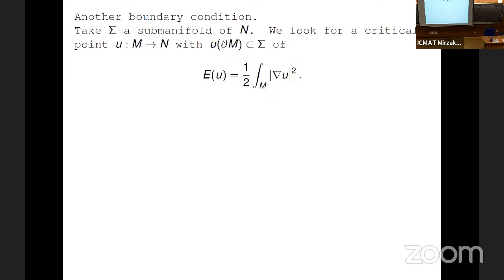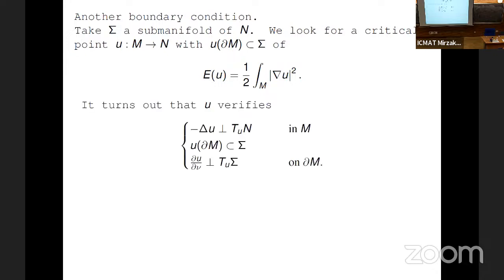So the energy is the same. If you now minimize with this new constraint, what you get is that your map u, so your harmonic map now, verifies the very same equation as before.